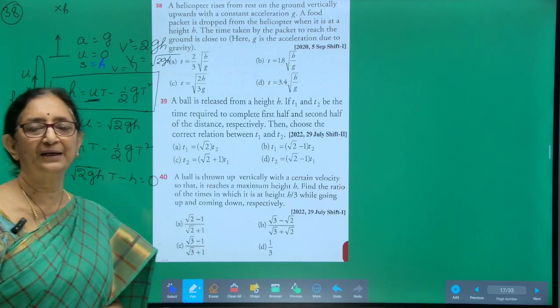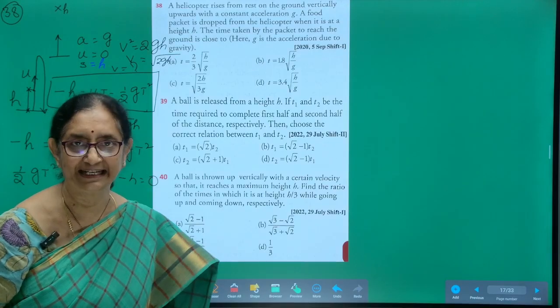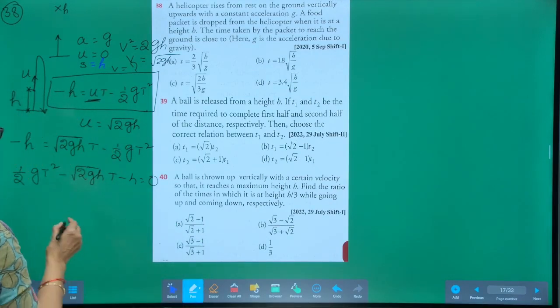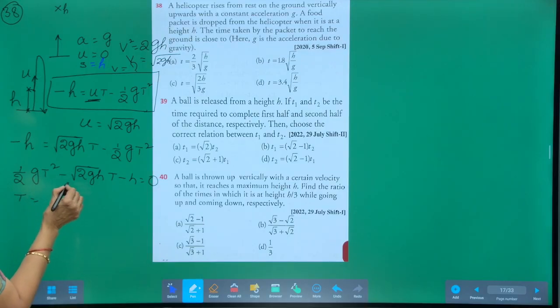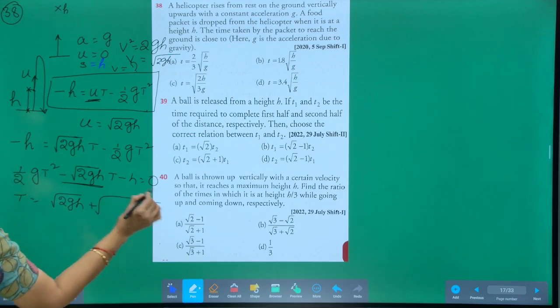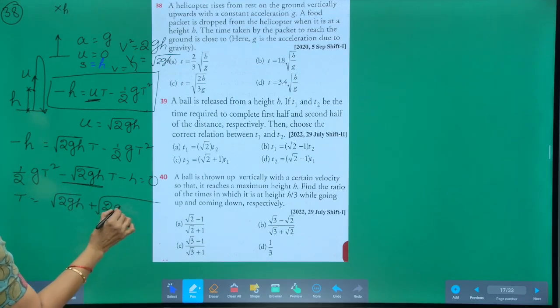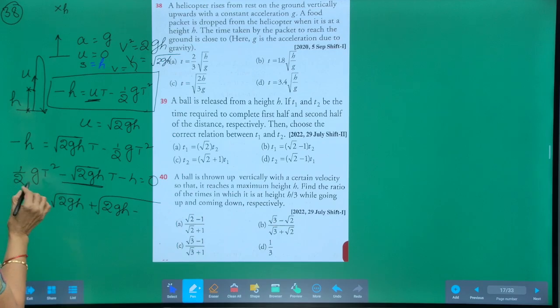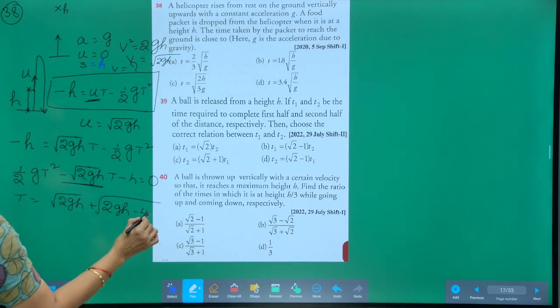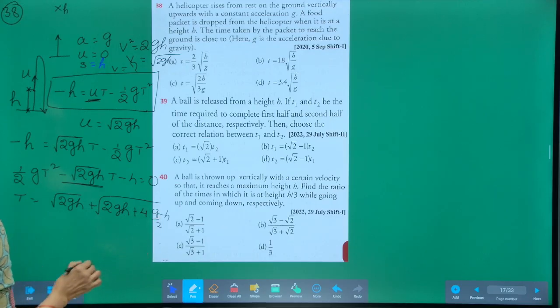This is a quadratic equation in t. So t is equal to minus b, that is minus of minus root 2gh, plus the root of b square, 2gh, minus 4ac, 4, a is g by 2, c is minus h.